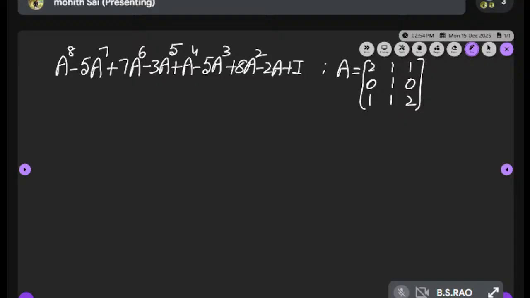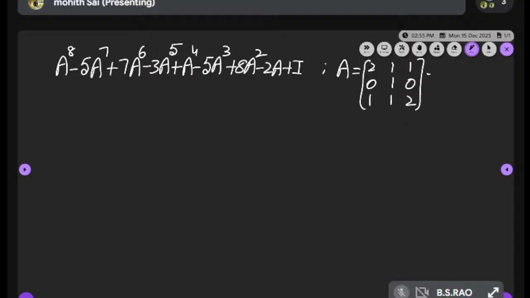Listen. My A equals this one. You need the powers of A, only A power 8 and so on. By writing the Cayley-Hamilton theorem, you can do it. Even if you are given such a matrix polynomial, you are able to get the value of it very easily. How can you do that?